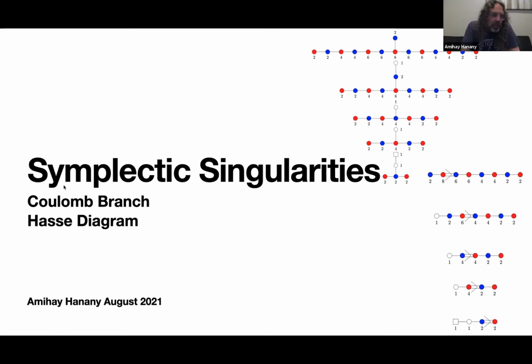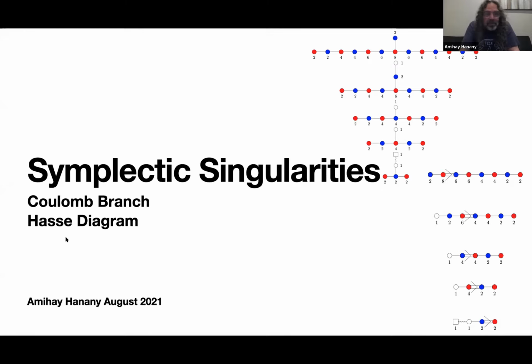The main new tools that were developed are the Coulomb branch. We will explain briefly what they are. It provides a new construction for symplectic singularities and a tool to analyze those singularities, Hasse diagrams.